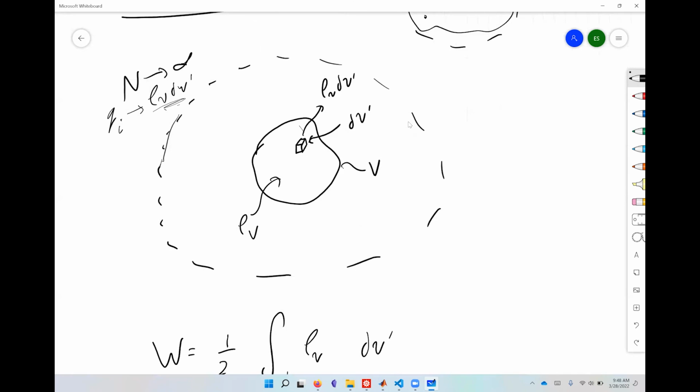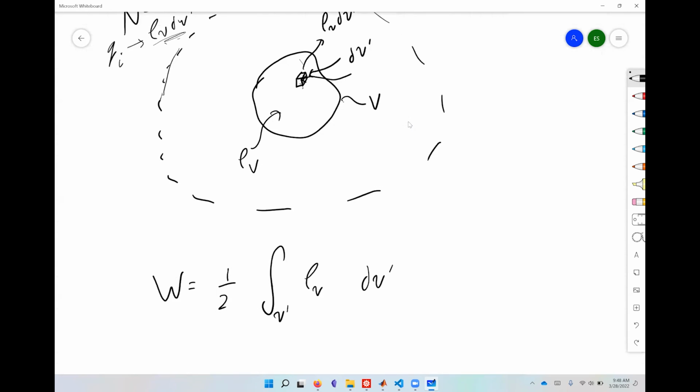That's the charge. What else do I need? I need the voltage at this point due to the whole charge distribution minus this element. Well, this element is infinitesimal anyway, so the contribution it makes to the voltage approaches zero.